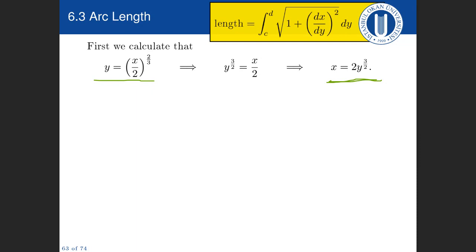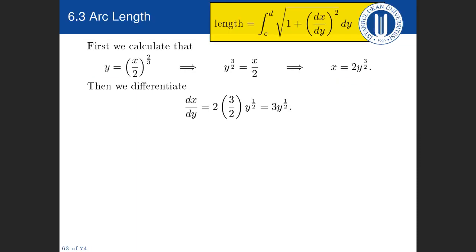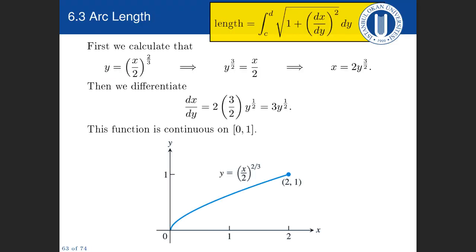Then I'm going to differentiate this with respect to y to get dx dy is 2 multiplied by 3 over 2, y to the power of a half, or 3y to the power of a half. And now there's no problem because this function is continuous for y between 0 and 1.